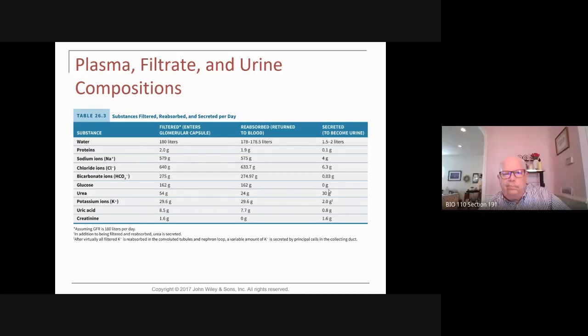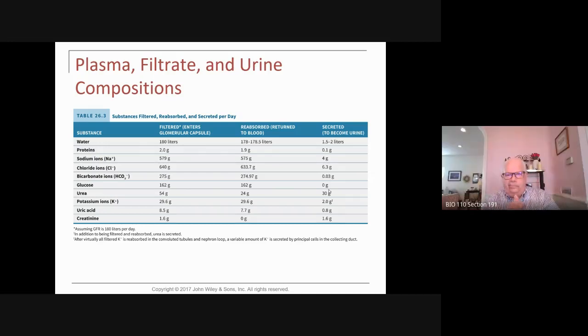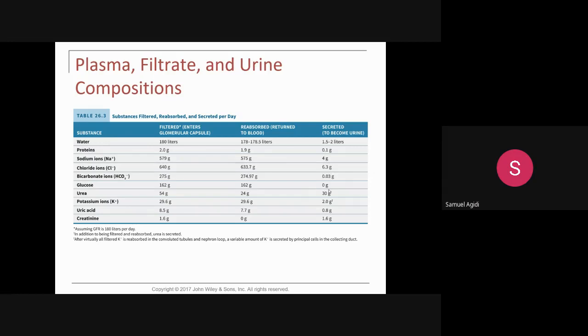Okay, Sam, now that I have your attention, when you look at this chart, tell me what is the most abundant substance in your urine? The chloride ions.